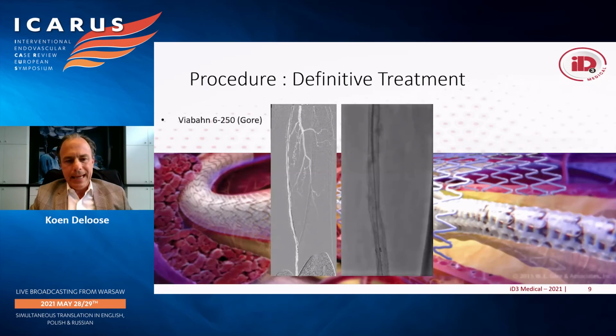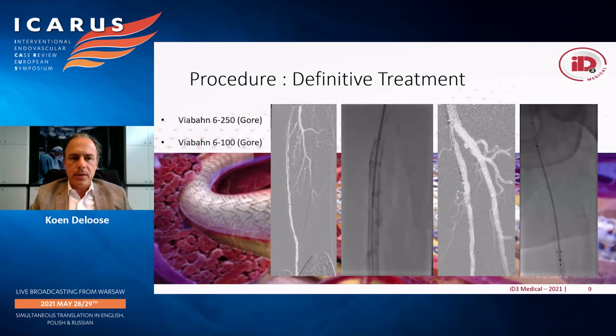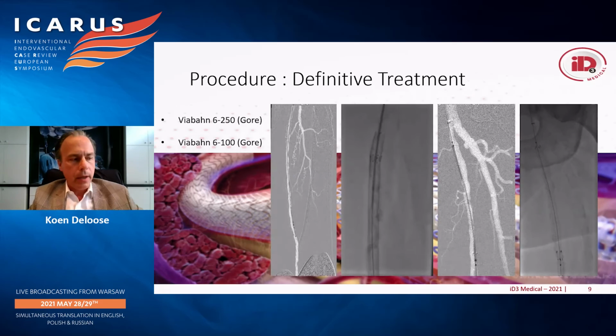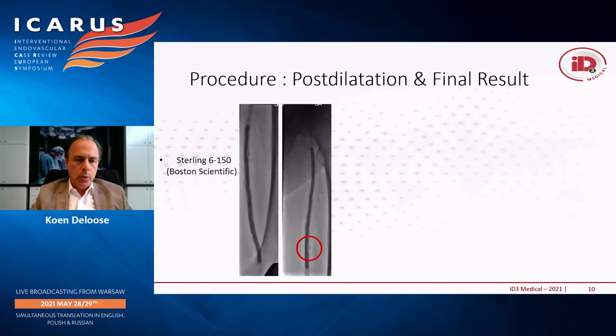Here you see the implantation of the Viabahns, one Viabahn 250 millimeter in length and one of approximately 10 centimeter was implanted with a nice overlap of, let's say, 1 centimeter, and of course with a very efficient vessel sizing in a 1-to-1 ratio.